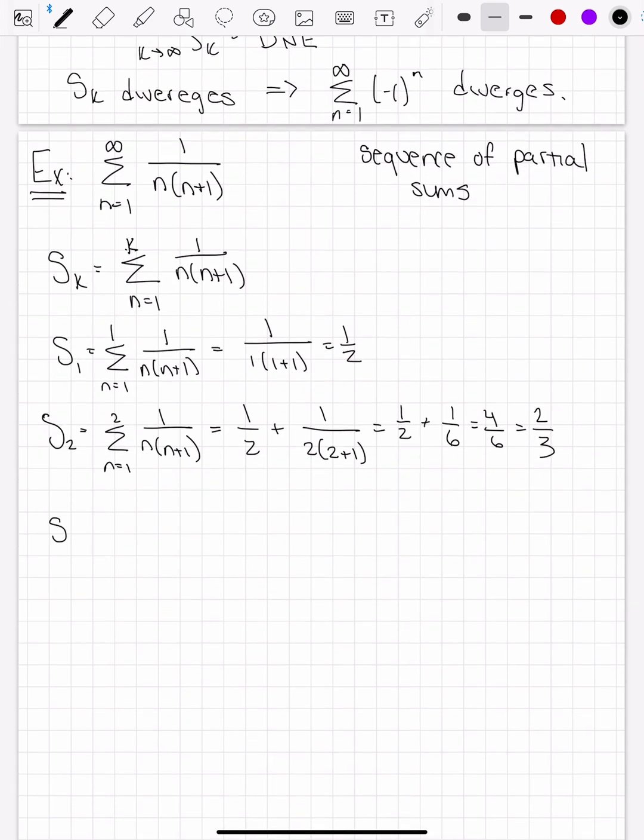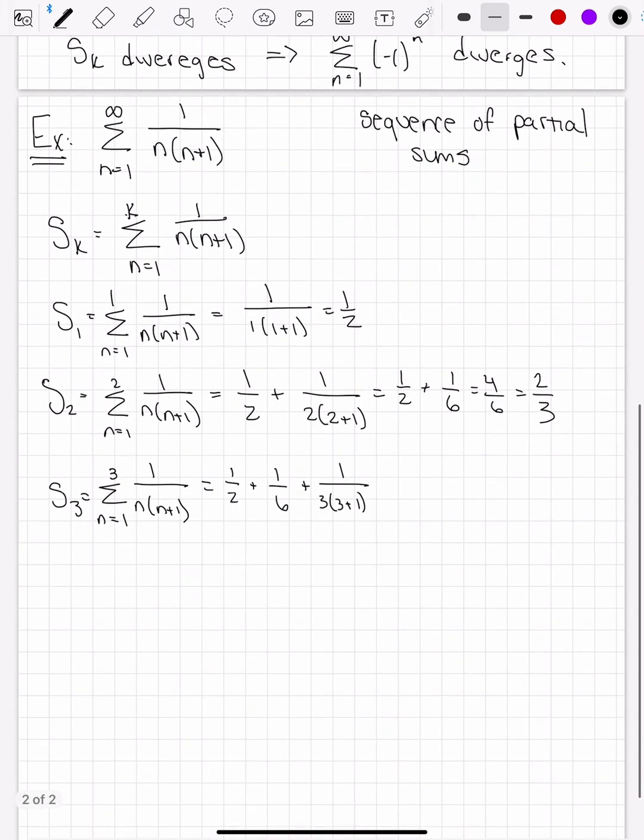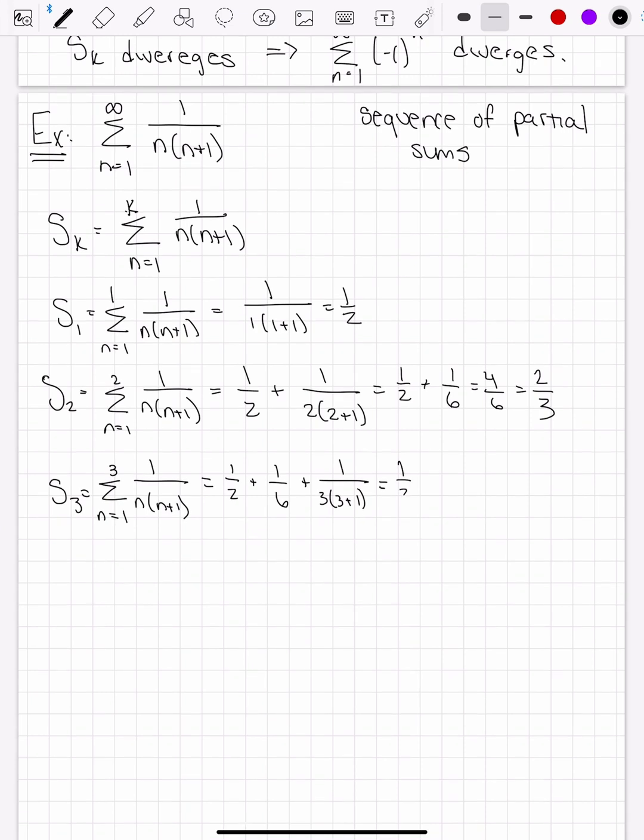And then S3 is the sum from 1 to 3 of 1 over n times n plus 1. We already saw the first term is a half, the second term is a sixth, and then I need to plug in 3 to get my third term. So 3 plus 1 is 4, times 3 is 12, so this becomes 1/2 plus 1/6 plus 1/12. We already know that the first two sum to 2/3, so that's 8/12, so this is 9/12 or 3/4.